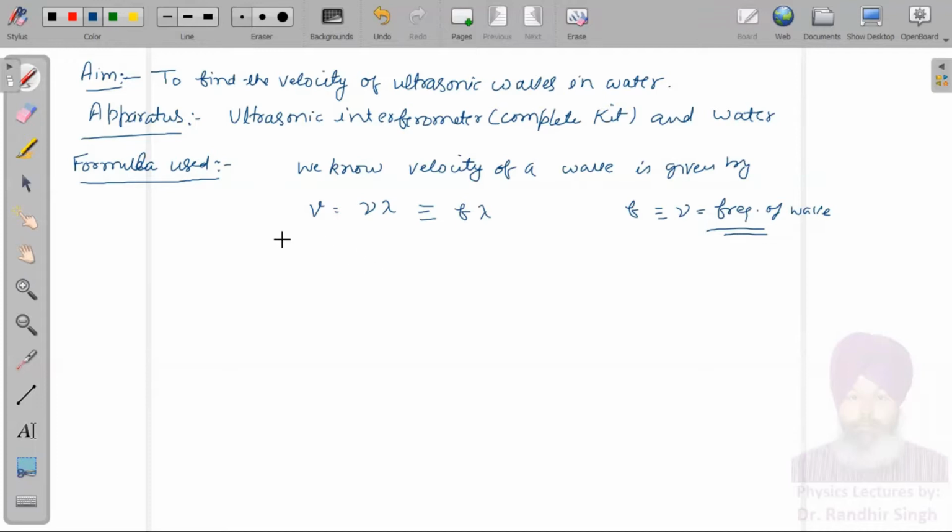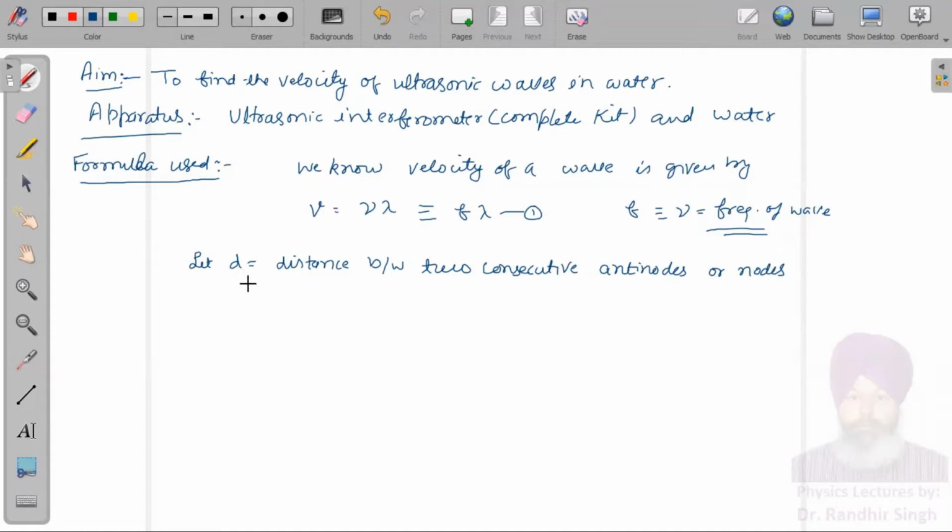Okay, here we also know, let us say this is equation number 1, let small d is equal to distance between two consecutive antinodes or nodes.